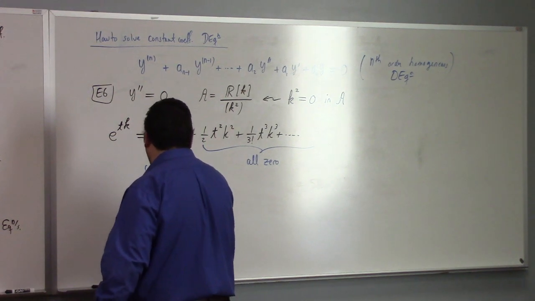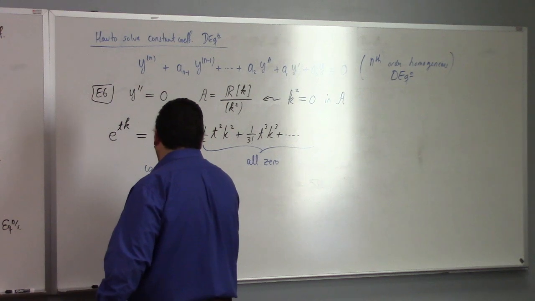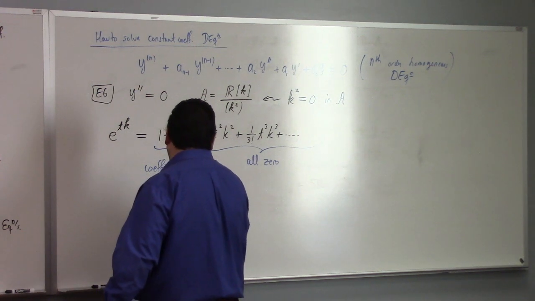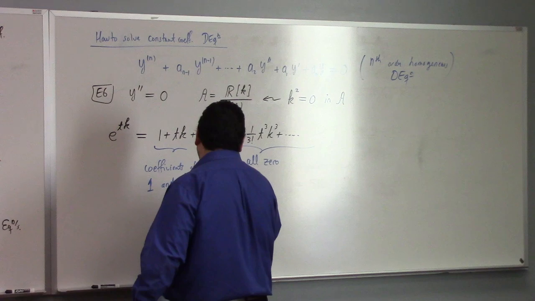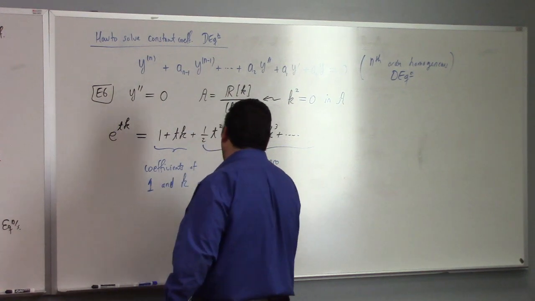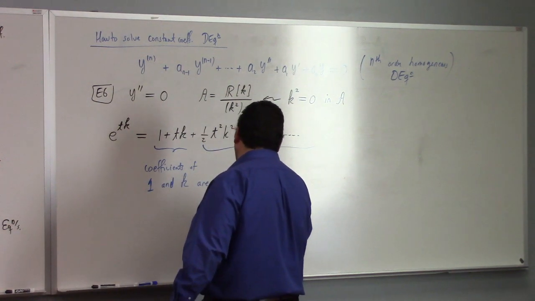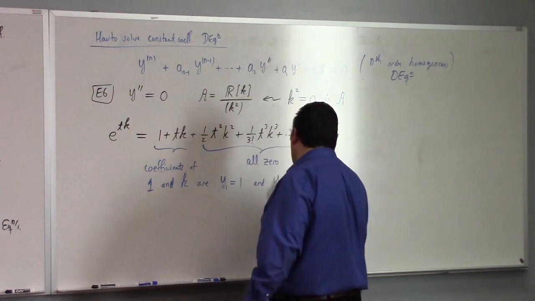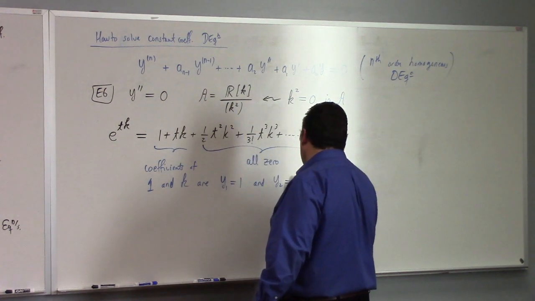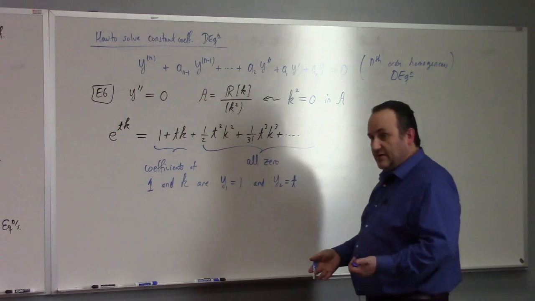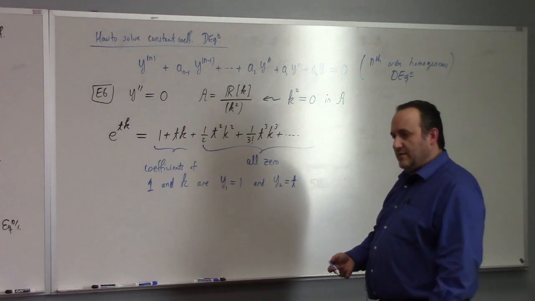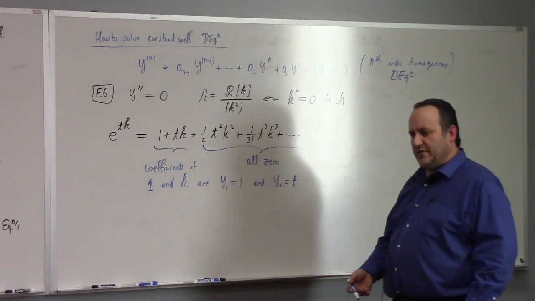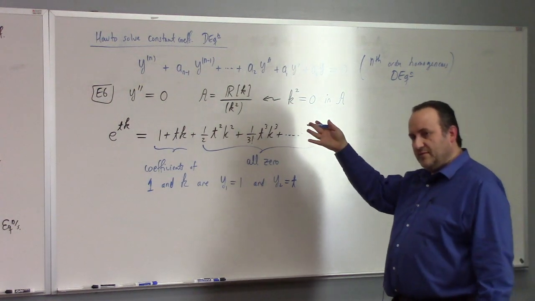All right? So I look at this, and the coefficients of 1 and k are, I'm going to write it down this way, y1 is equal to 1, and y2 is equal to t. This is not an accident. If you've had differential equations, or, well, forget differential equations. If you've had calculus 1 and you know how to integrate an equation 2 times, right?